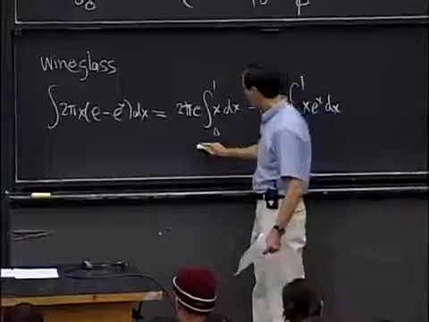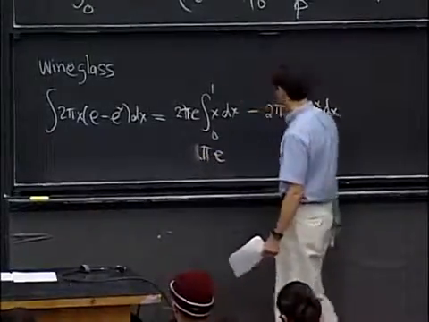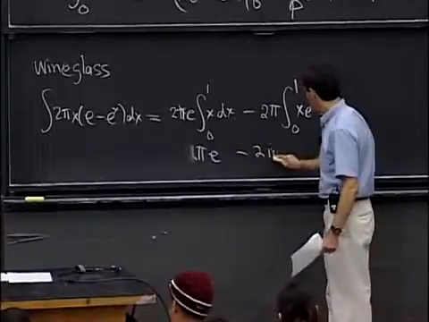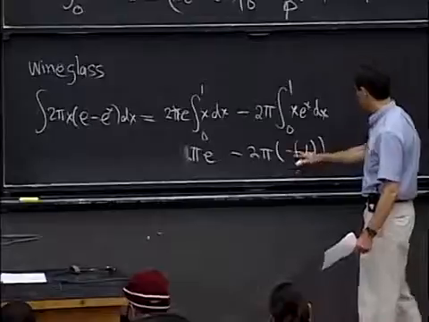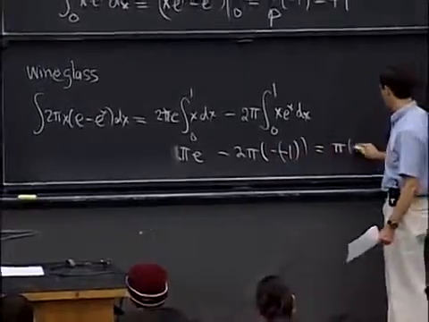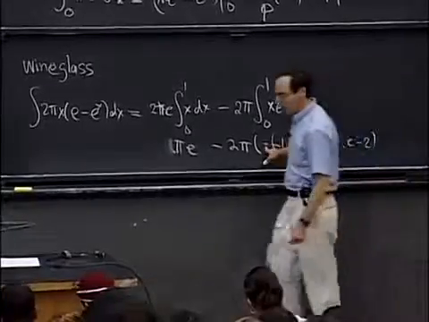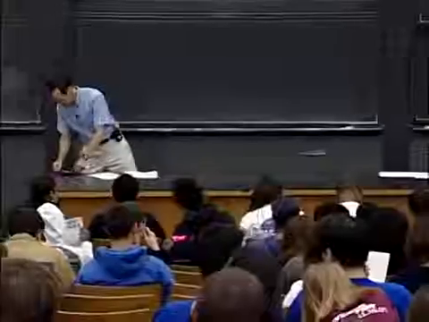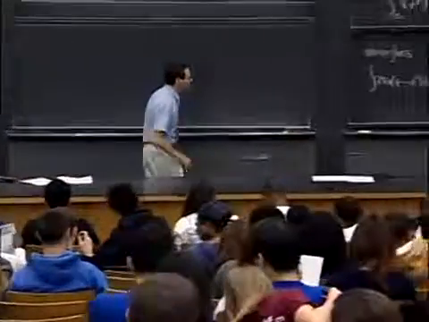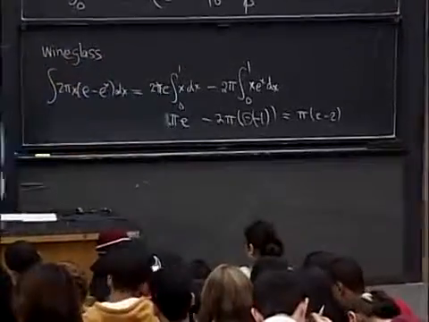And then I worked this out, and it was 2 pi e, pi e. And then this one was minus 2 pi, and what I wrote down was minus 1, but there should have been an extra minus sign there, right? So it's this. The final answer was correct, but this minus sign was missing right there. All right? So just right there.